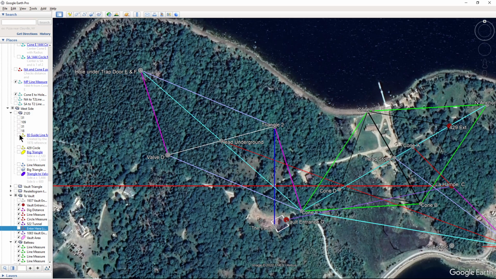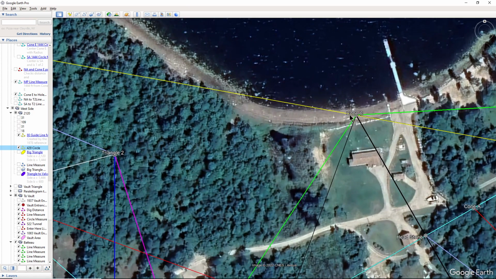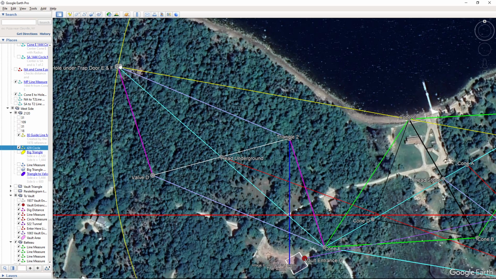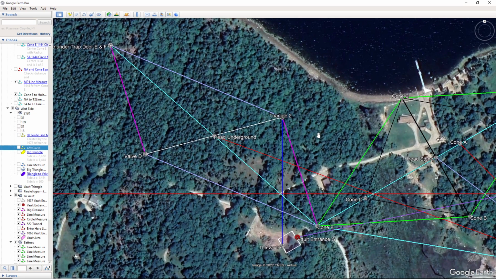And we know that, remember, the 1978 is right here. And that starts from the 429 extension, and it goes through Cone C, and it ends up here. So that's how we verified the hole under the trap door. But there's much more to it than that. There are all these distances, like this distance here is 600 feet.